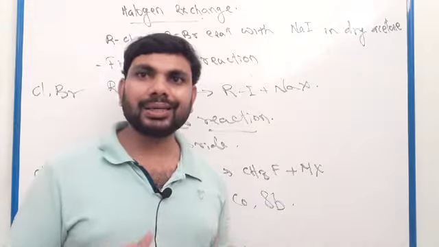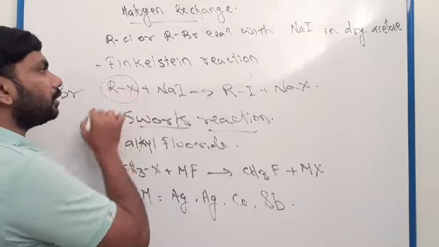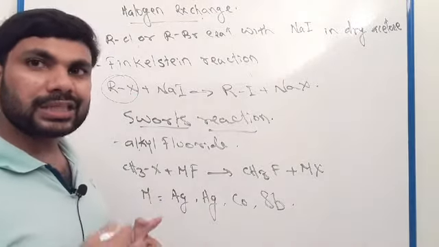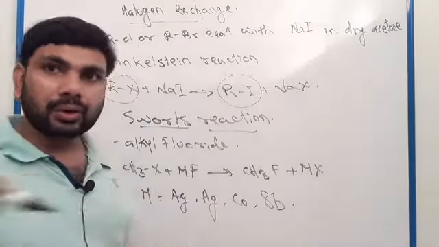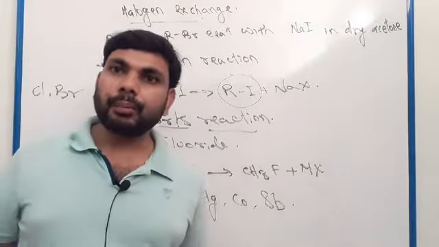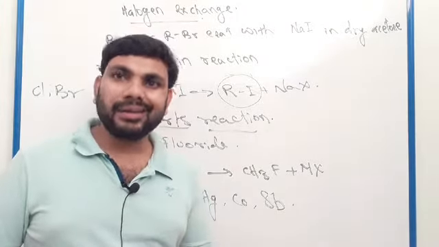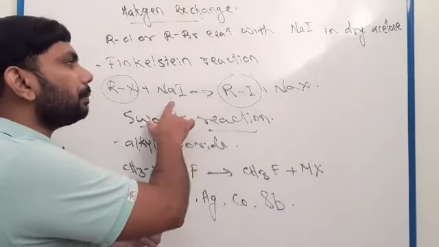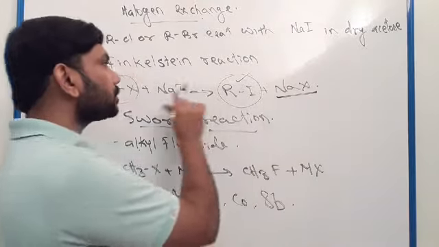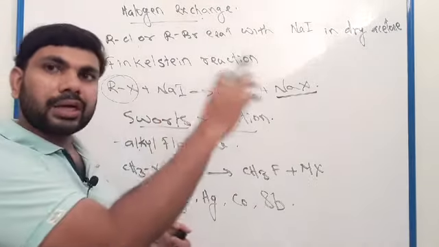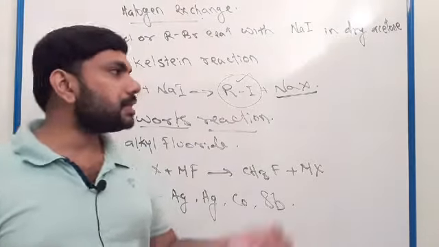Initially this is alkyl chloride or alkyl bromide, and we want to change it to alkyl iodide. This alkyl chloride or bromide reacts with sodium iodide. Then we get alkyl iodide; if you choose alkyl chloride, sodium chloride will be the side product, and with alkyl bromide, sodium bromide will be the side product.